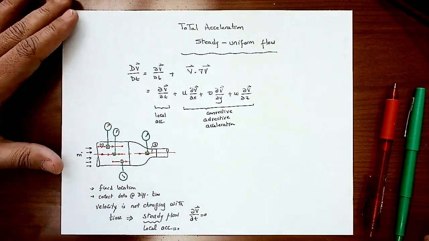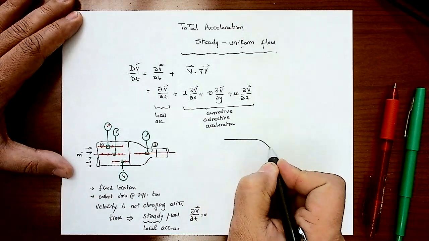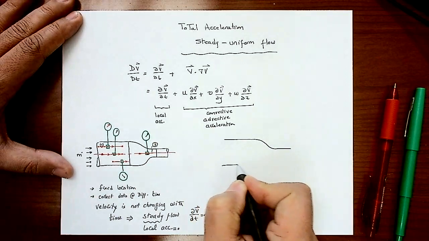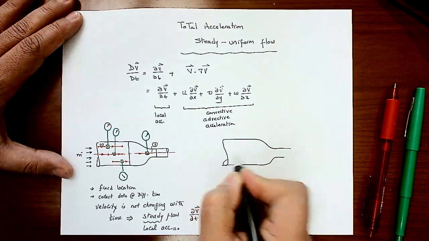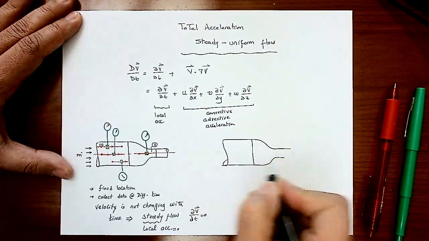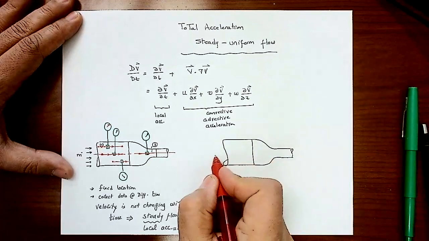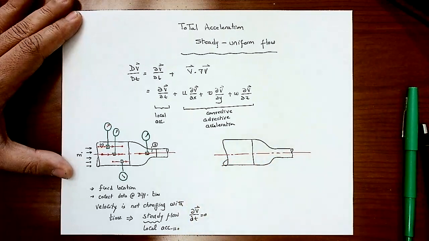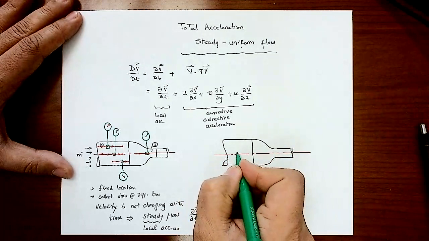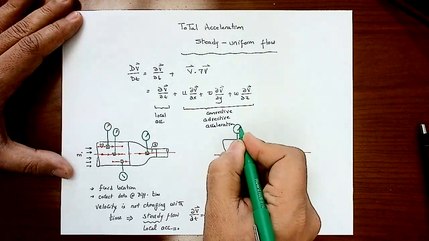Now, let's draw the same section again, and look at the variation of velocity with position. For simplicity, I'm going to pick a window here for the velocity meter.